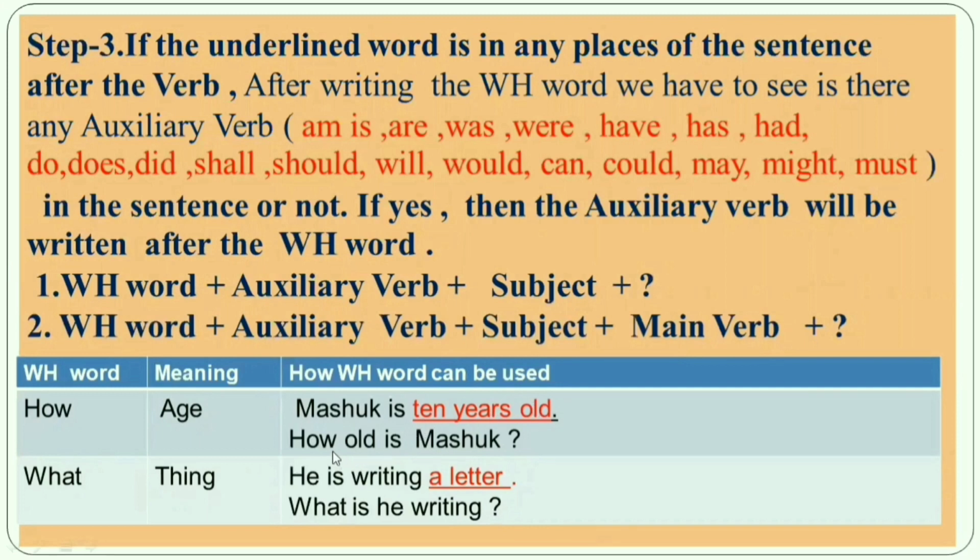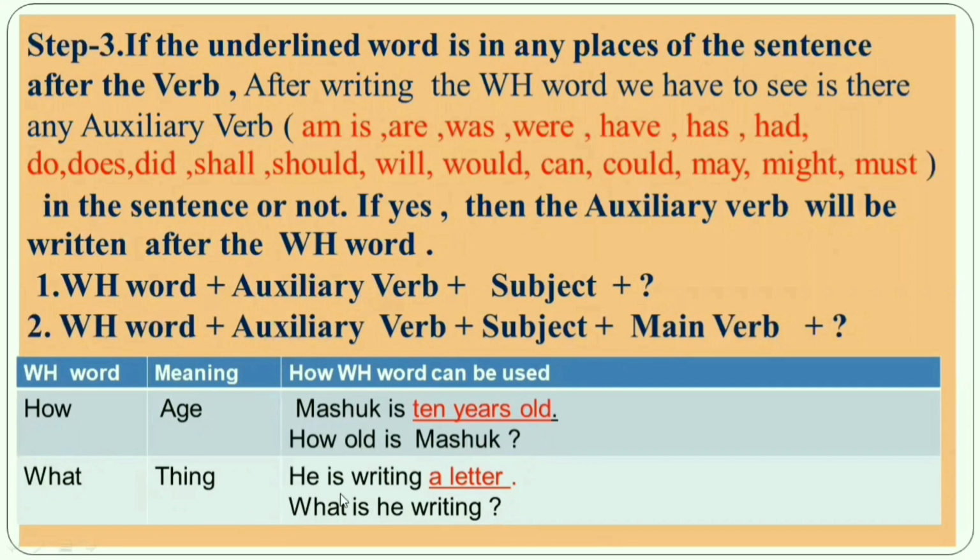At first you will write how old, then you will find out if there is any auxiliary verb or not. Yes, here you can see the auxiliary verb is. So write after that the WH word, auxiliary verb, then the subject, Mashuk, then a question mark. So how old is Mashuk?